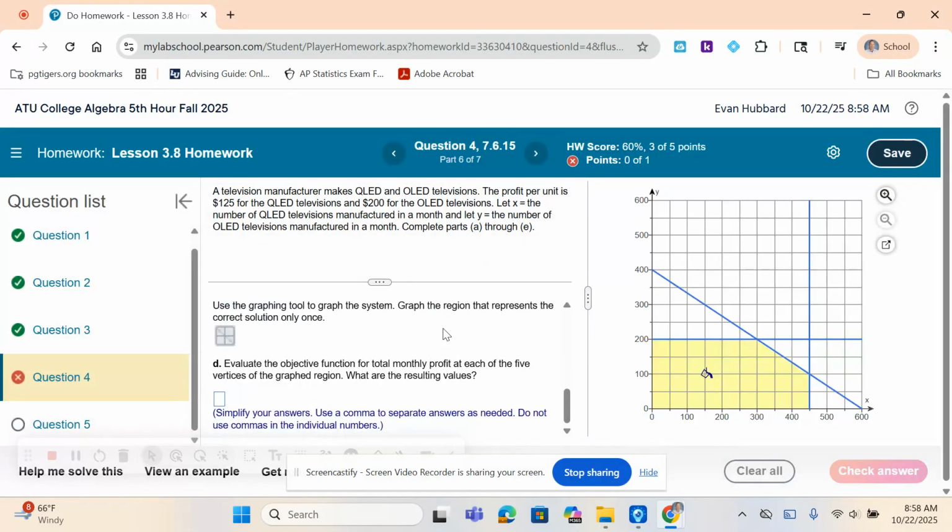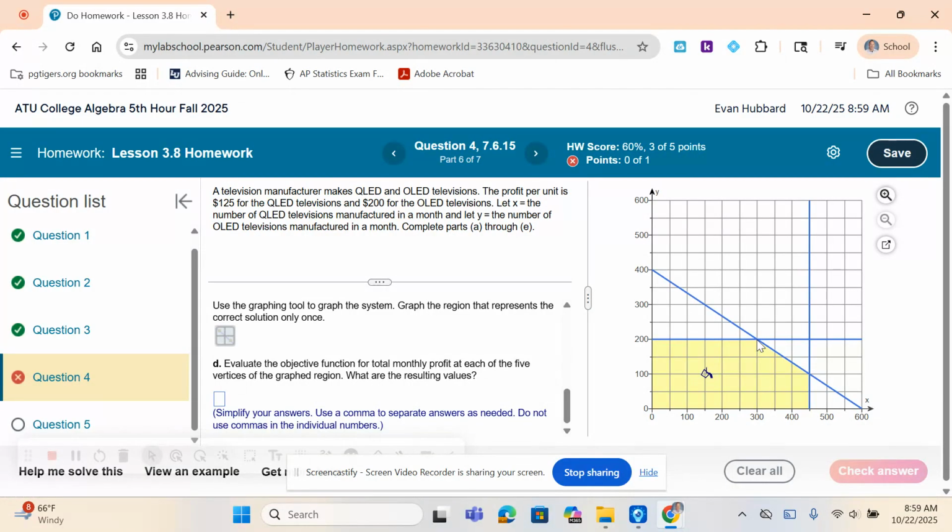Now what we need to do is find the boundary points. So let's look at the boundary points. My first boundary point is 0, 0. Another boundary point is right here. This is 0, 200. Another boundary point's right here. That's 300, 200.